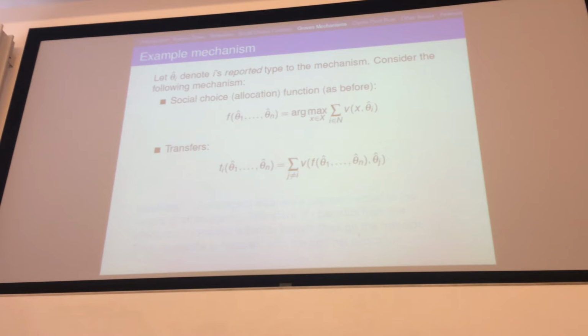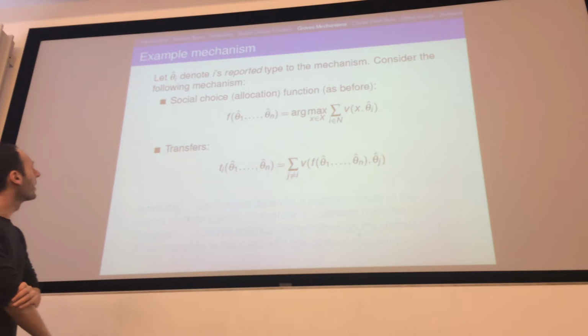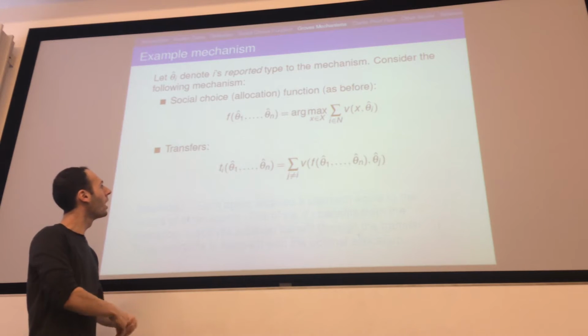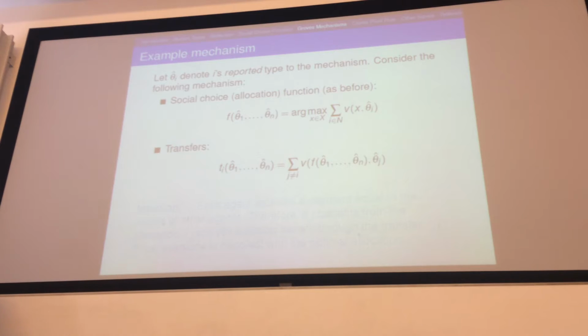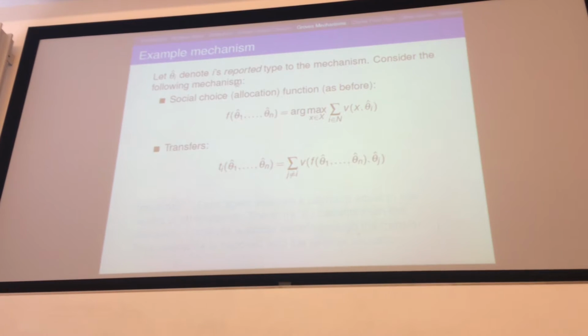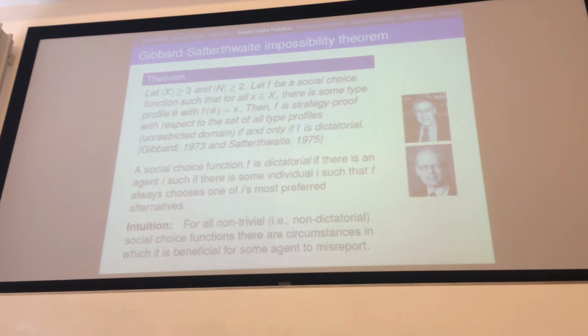So remember that our social choice function was to maximize the sum of values, but now we have two things. We have reports. The agents are asked to report their preferences to the mechanism. So we have this picture here.